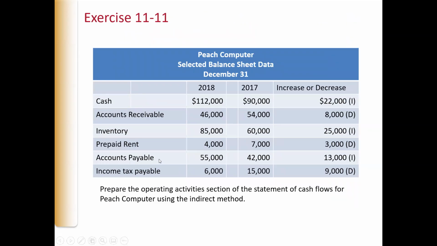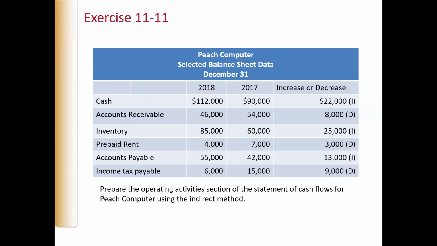Then we've got the portion of the balance sheet showing increases and decreases in various current assets and current liabilities. So we see the accounts receivable decreased by $8,000. When a current asset decreases, we add it.